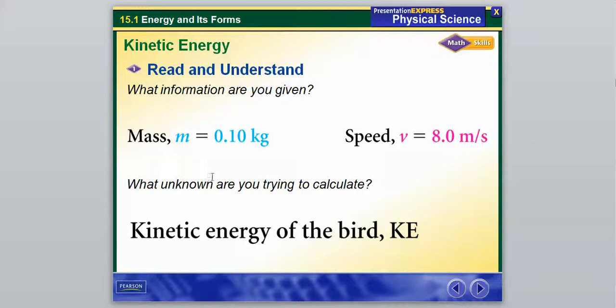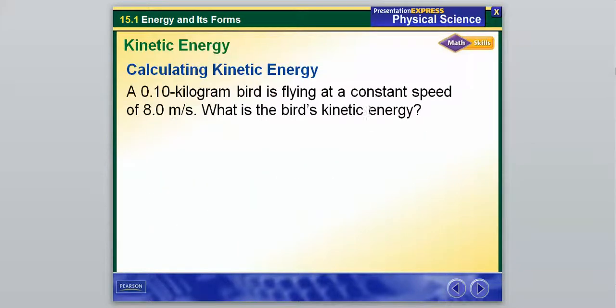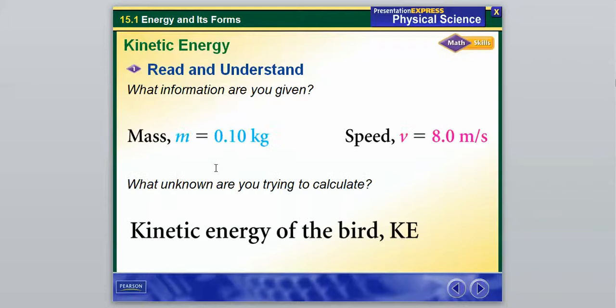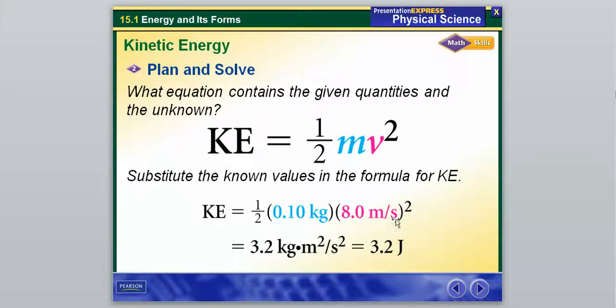And what are we trying to calculate? If we go back here, it said we want to know the bird's kinetic energy. So we're trying to solve for the kinetic energy of the bird, which can be abbreviated as KE. The equation that we need is 1/2 mv squared. We plug in our information, 1/2 of 0.1 times 8 squared, and by our order of operations we should do the exponent first.